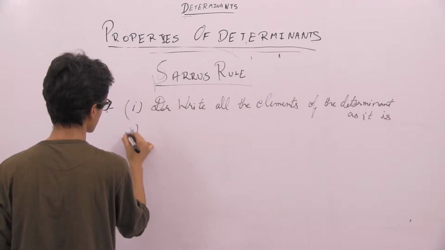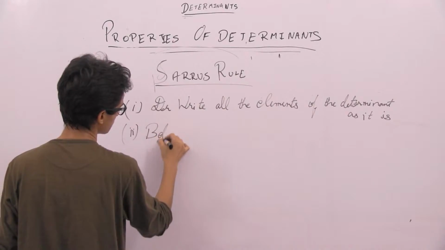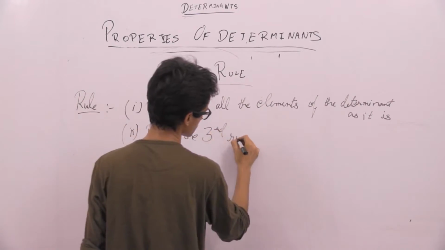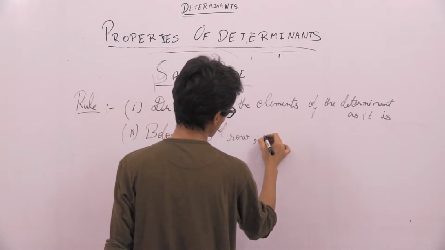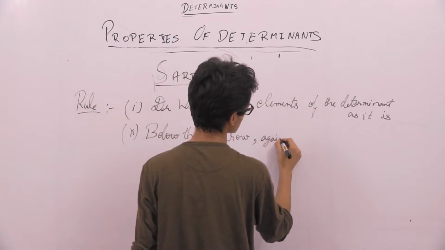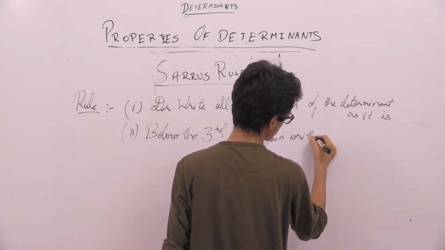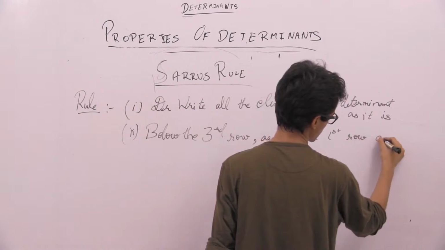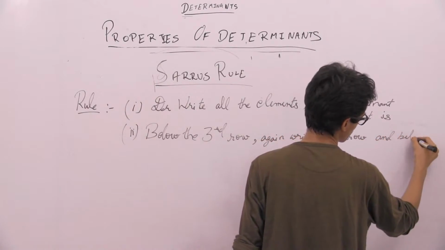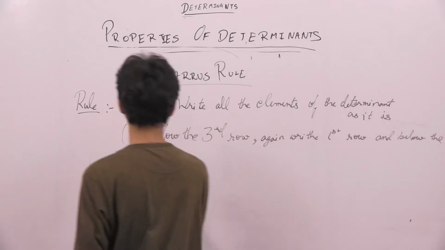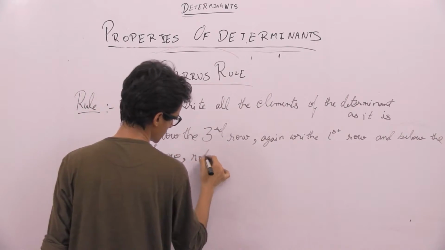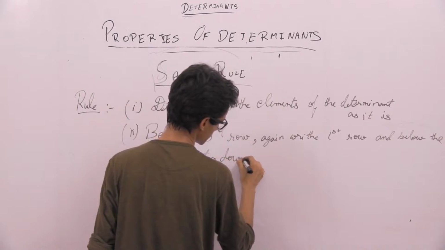Second, below the third row, again write the first row, and below the first row note down the second row.